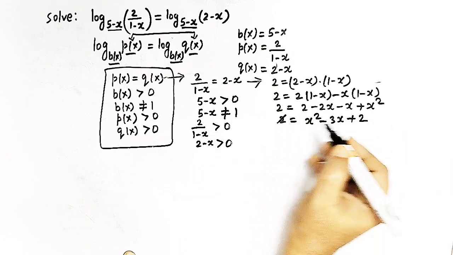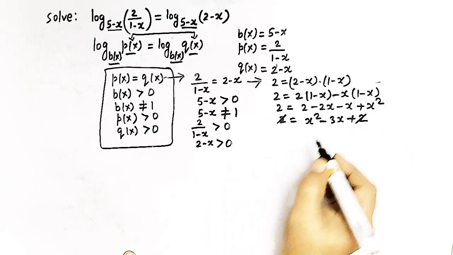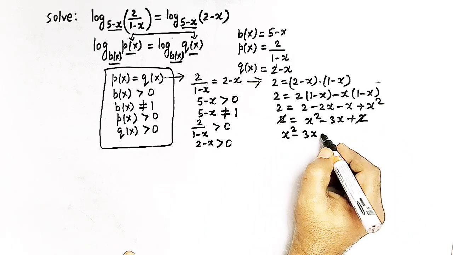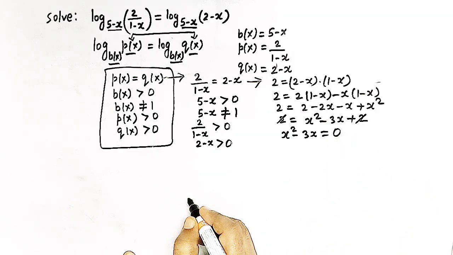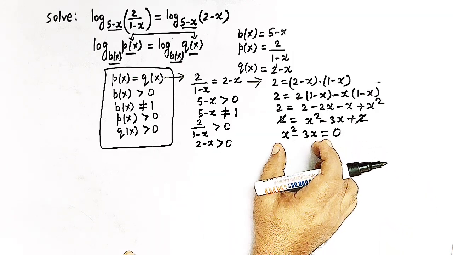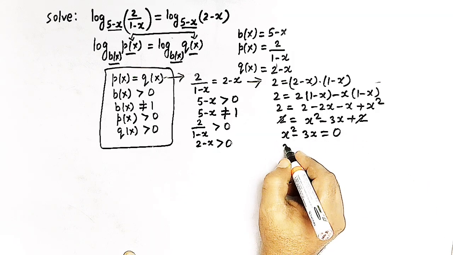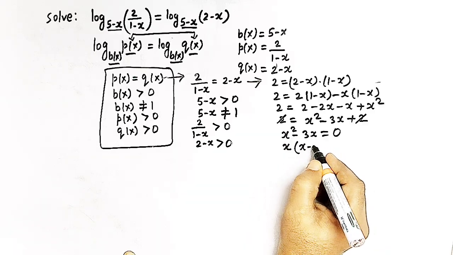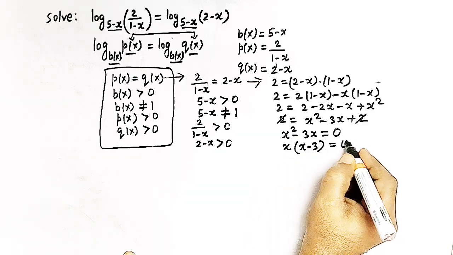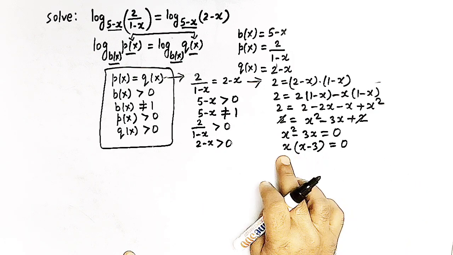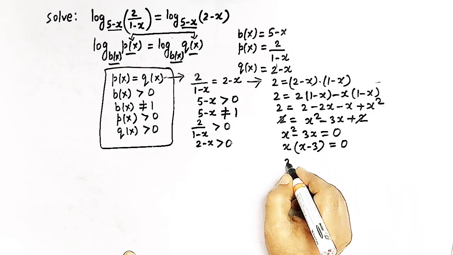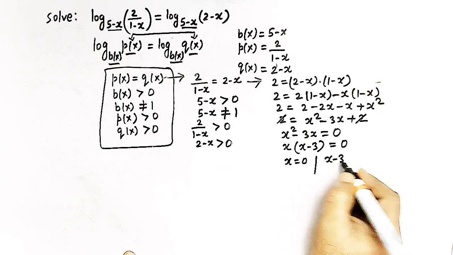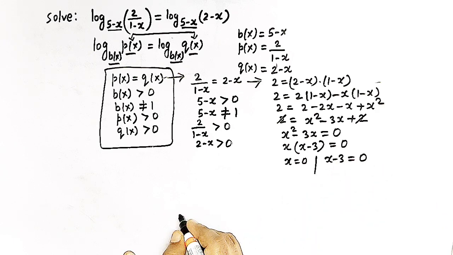So now this 2 and this 2 get cancelled, and we are left with x square minus 3x is equal to 0. So now this is a quadratic equation, so we can take x common. So we have x times x minus 3 is equal to 0. So now here we have two linear factors, so we must have x is equal to 0 or x minus 3 is equal to 0.